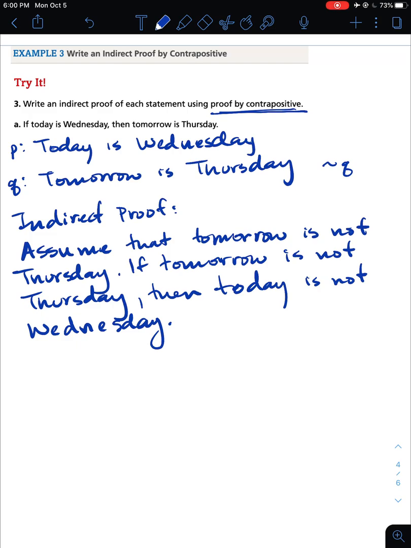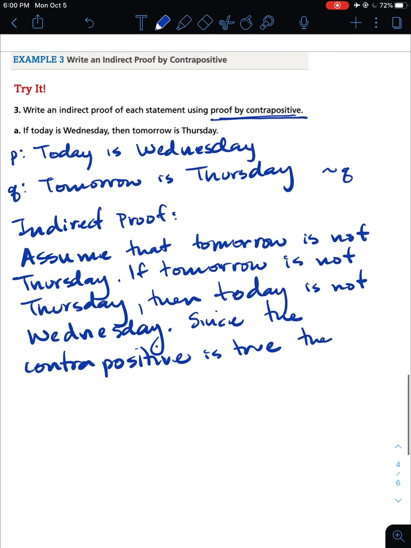Because this contrapositive is true, and it's true no matter what, since the contrapositive is true, then the statement must also be true.